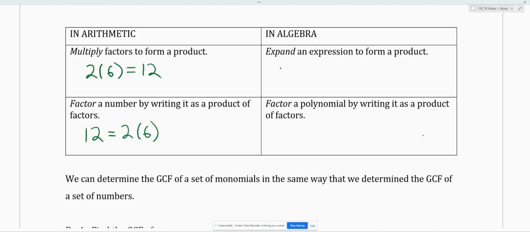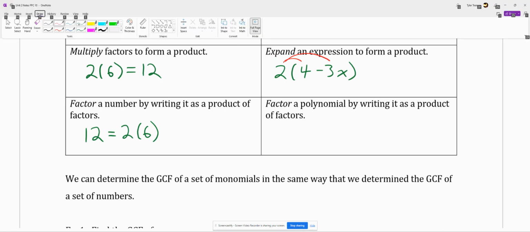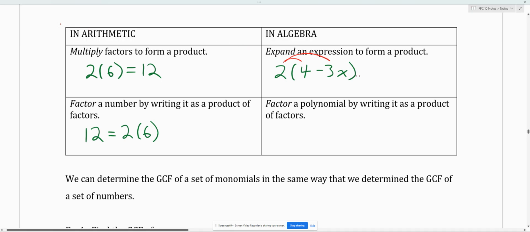So let's do something like 2 times (4 minus 3x). And we learned how to expand this. You actually learned how to do one this simple in grade 9, but we would multiply the 2 in, feed the chickens, distribute, whatever works best for you, and we would get a brand new polynomial here. 2 times 4 is 8, and 2 times negative 3x is negative 6x.